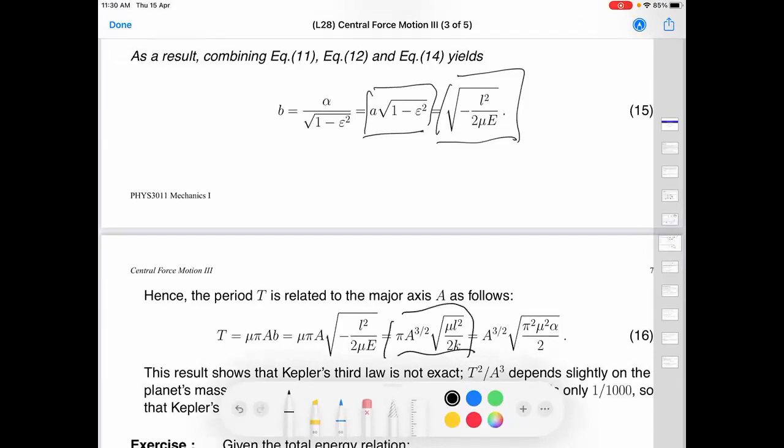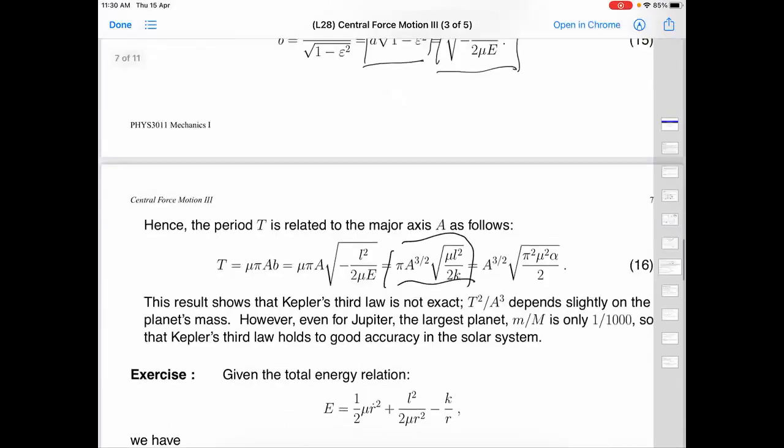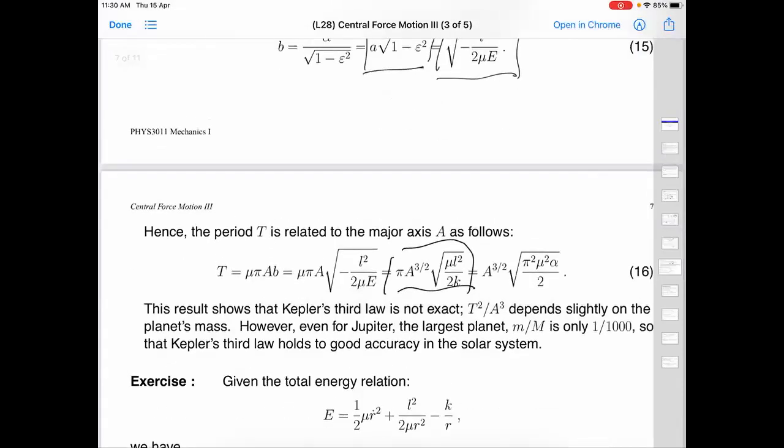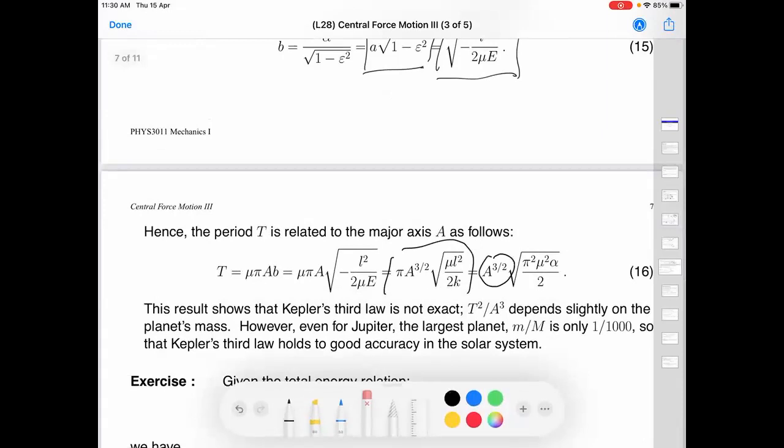So we just plug back to the definitions in terms of A. All right. Then we get this very interesting factor, the major axis to the power 3/2.